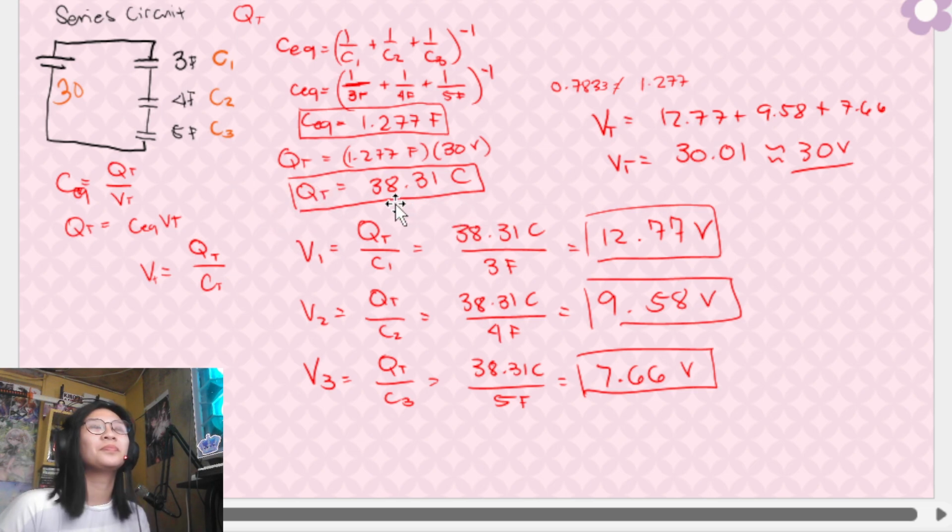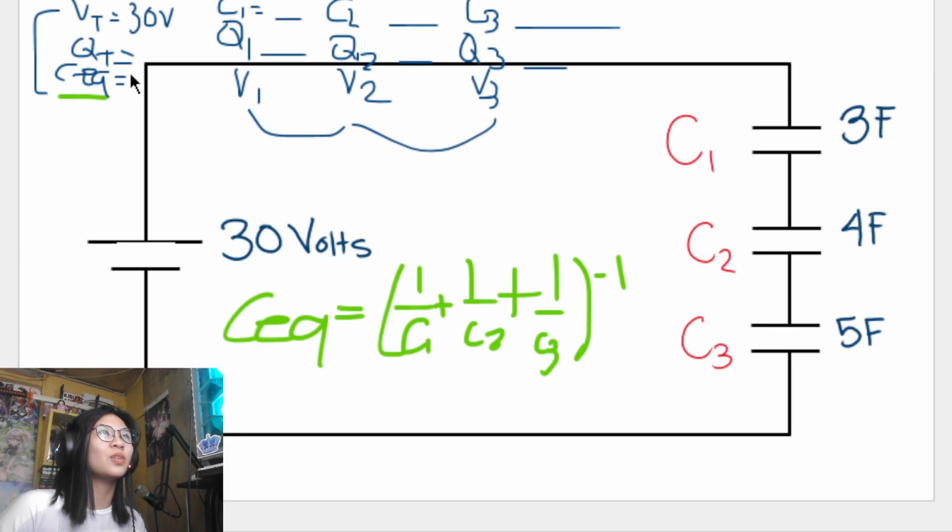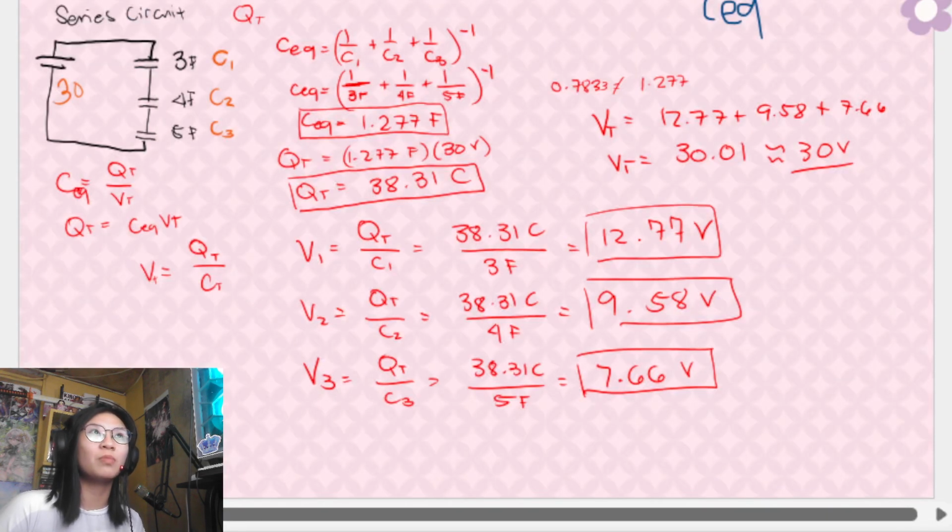So here, next of our CEQ, naa na man tayo CEQ, no? We will go, asa na to? Our CEQ is, checklist man ako ning. Check. Naa na tayo VT, 30 volts. So, we can get our QT by the capacitance formula.